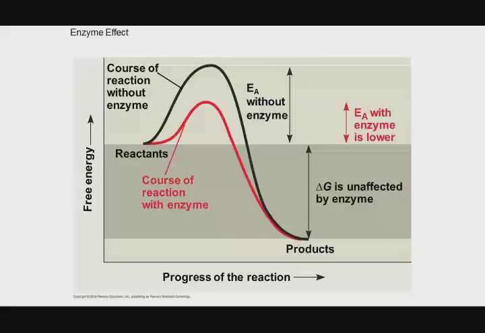Reactants, regardless of whether you're with enzyme or without, same free energy. Products, with enzyme or without, same free energy. The delta G between the reactants and the products does not change. But if you look at the activation energy without the enzyme compared to with the enzyme, you see a striking difference. The enzyme is lower, and that is going to allow the reaction to proceed at a faster rate.